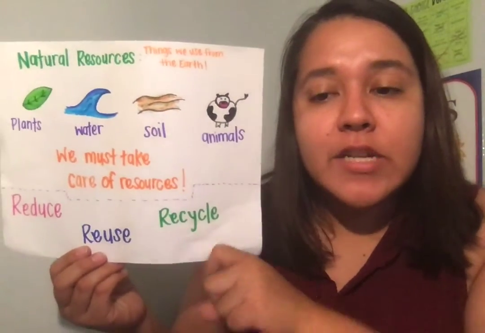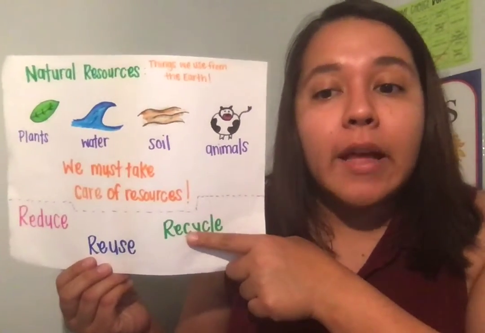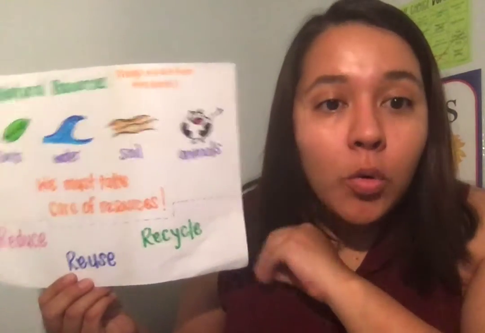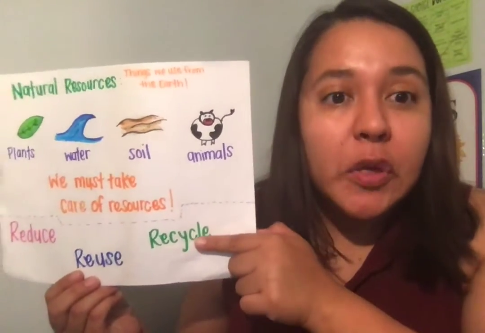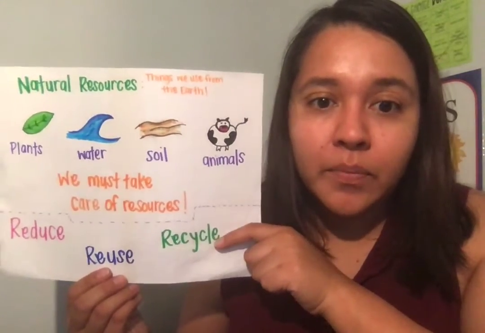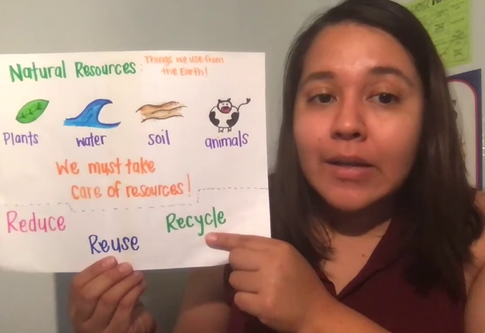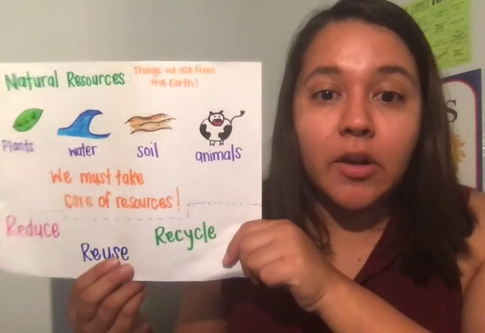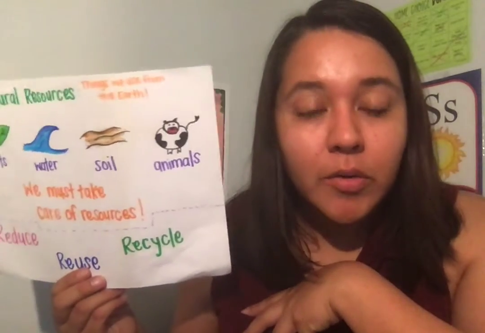And then the last one is recycle. So recycle means to make an item from an old item. So you make a new item from an old item. What do you think you could do? If you have done this with Miss Cozy outside in Apple's Garden. So you know your plastic water bottles?